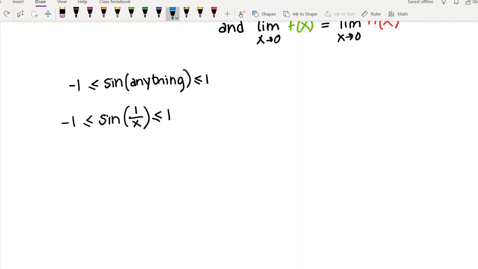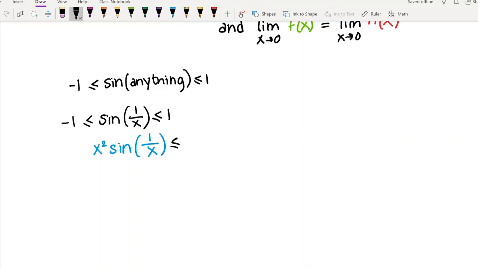The one thing that you have to be careful about is when you have an inequality, the signs will flip direction if you multiply by a negative number. But x squared is always positive or greater than or equal to 0, right? Because squaring gets rid of negative signs. So we're going to multiply this entire thing by x squared. And so what are we going to get? In the middle, we'll get x squared times sine of 1 over x.